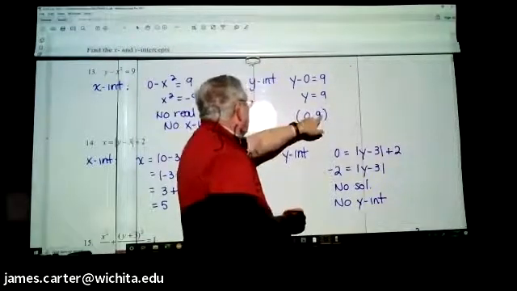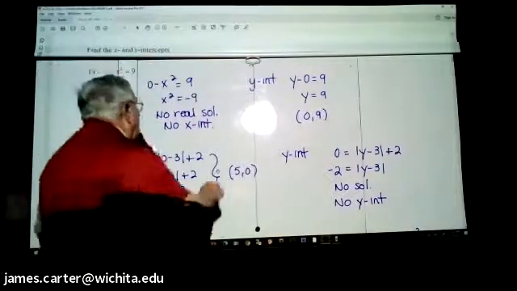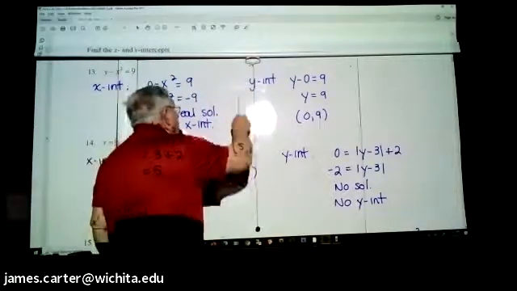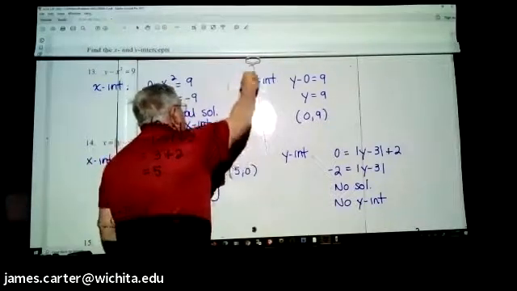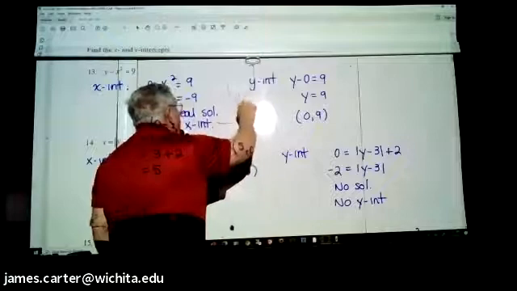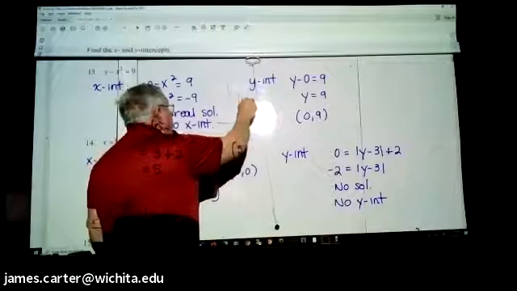So the point 0, 9 is where your graph is. So in reality, this equation is going to look like this, where this is the point 0, 9.